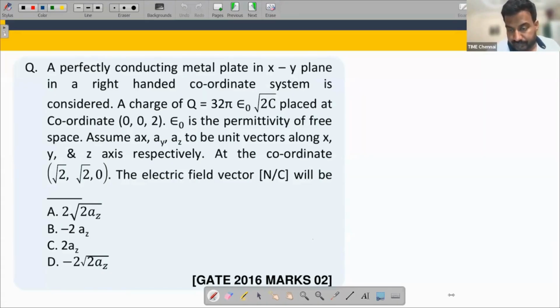Yes, Bhumika. Yeah, correct answer, Bhumika. Chandrahari, correct answer.